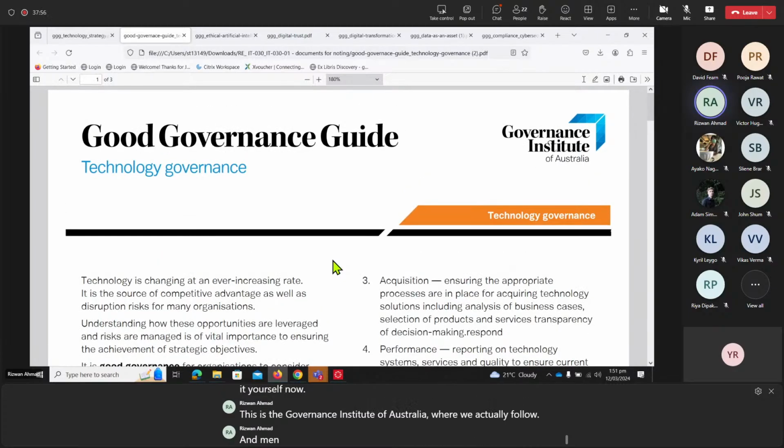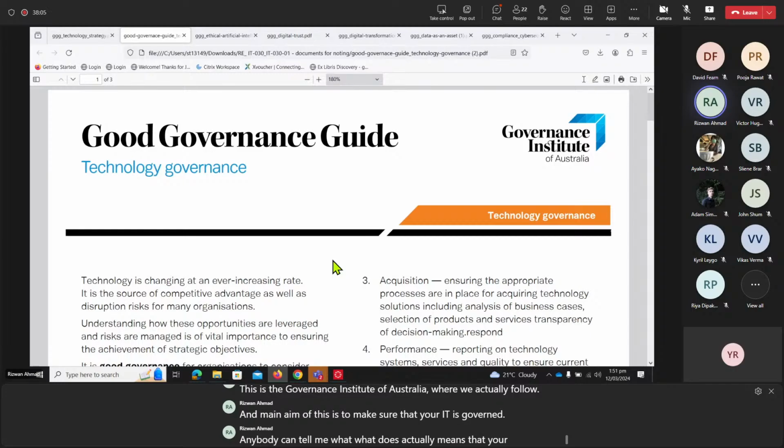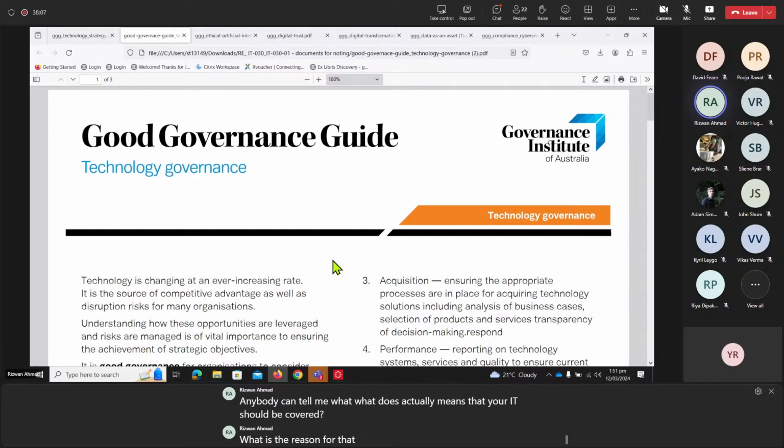The main aim of this is to make sure that your IT is governed. Can anybody tell me what it actually means that your IT should be governed? What is the reason for that?